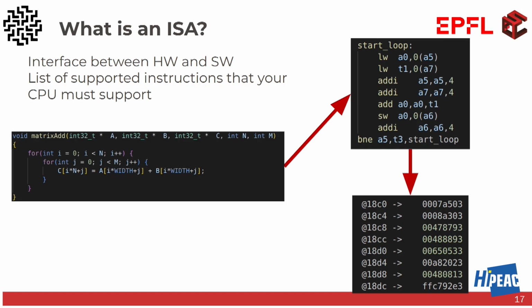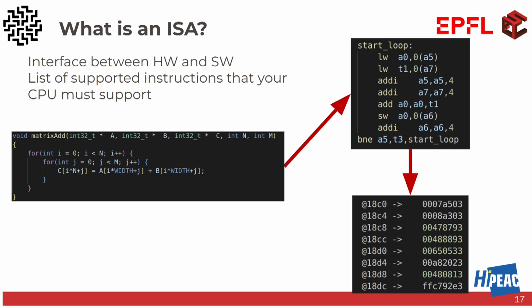And when you compile it for your own laptop, most likely you're using an Intel, for example, and you look at the generated assembly, you will see the Intel ISA. If you compile it for RISC-V, you will see in the example in this slide the RISC-V ISA. If you're compiling for ARM, you will see the ARM ISA, and so on.